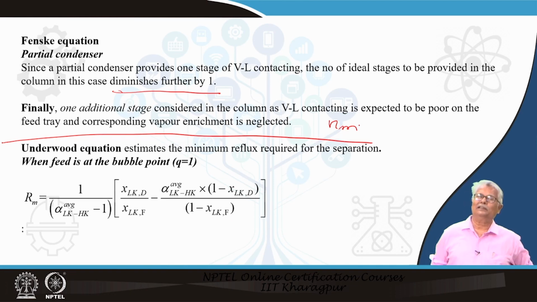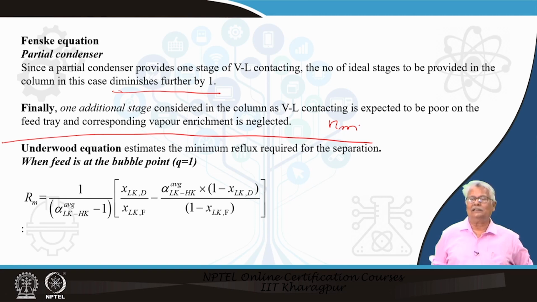Now, you will notice one thing, you definitely remember the binary system. How did we locate the point of minimum reflux for a particular separation? There we required the composition of the feed as well, because it was a point on the equilibrium line where the two operating lines, the stripping section operating line and the rectification section operating line, met.